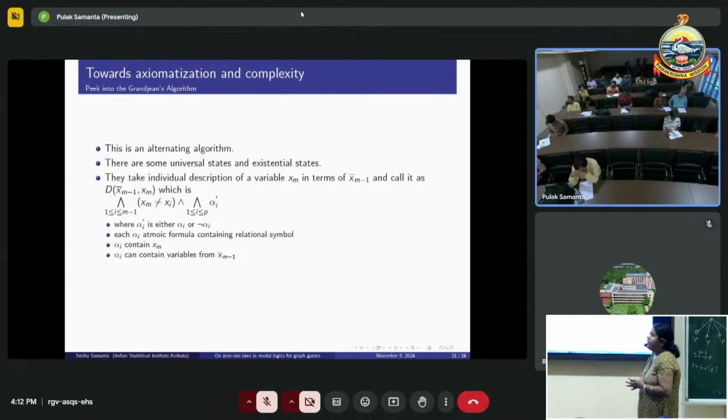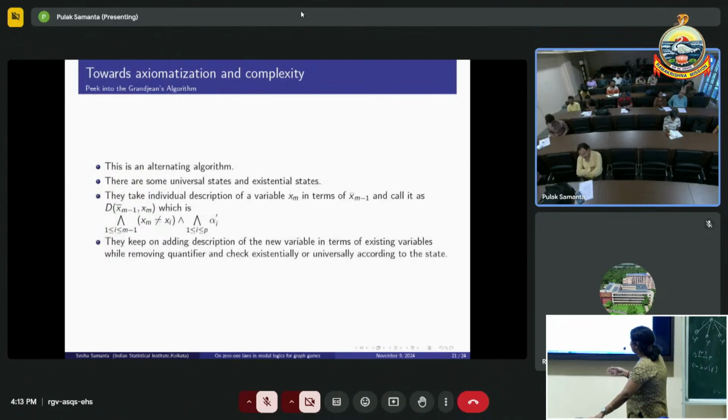As we have seen, first-order logic formulas which are almost surely true can be axiomatized by those extension axioms. Similarly, they take these individual descriptions, and while checking a formula, whenever there is a quantifier, when they remove it they take a new variable and give a description of this variable with the already existing variables.